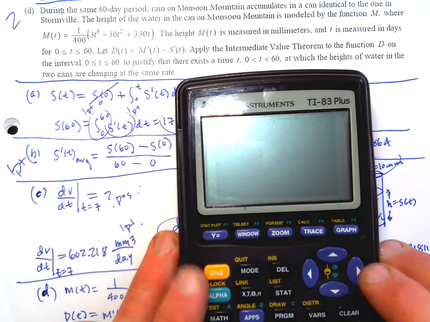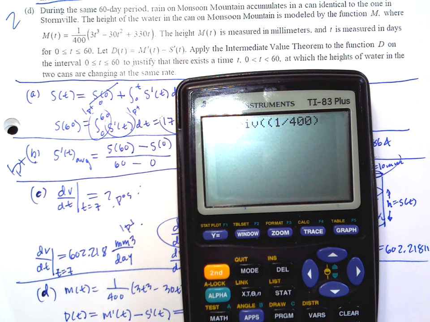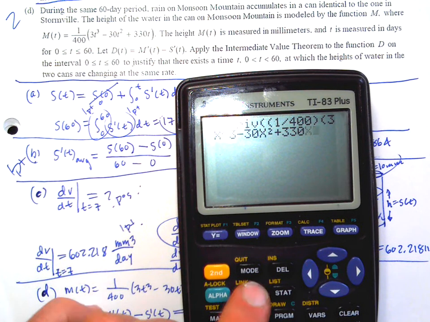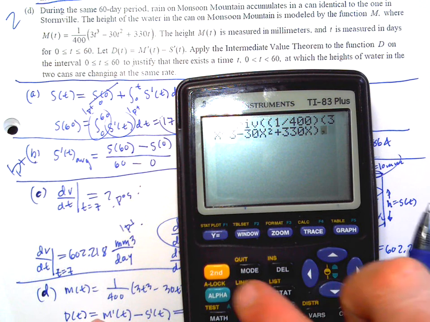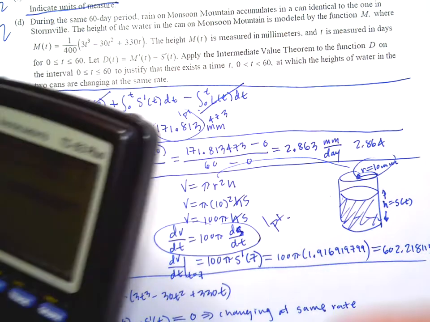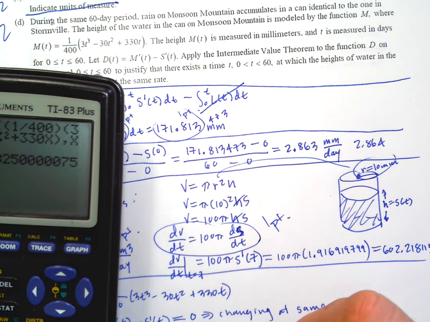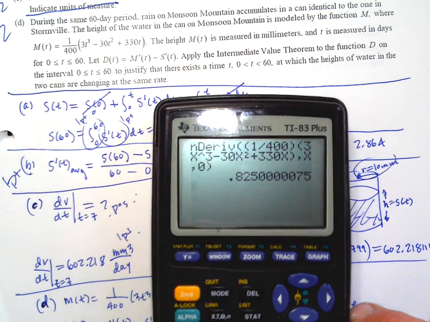So if we did math 8 and we type that equation in, 1 divided by 400, parentheses, 3x to the third minus 30x squared plus 330x, close, comma x, comma 0. So that's m prime at 0, 0.8250000075, minus s prime at 0.